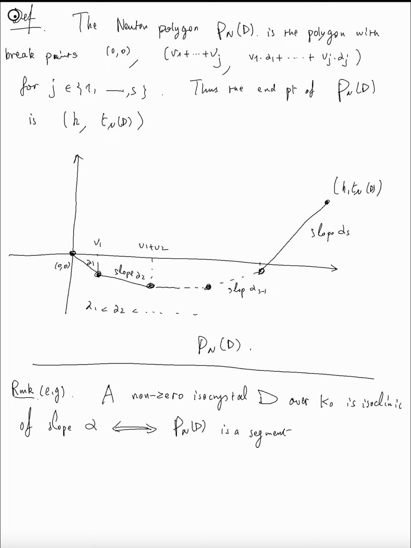If it is only a segment, it tells that you only have one slope.